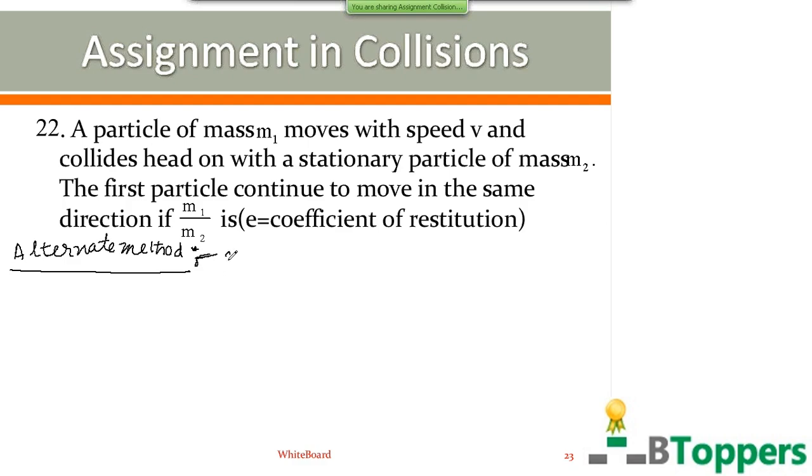So using the first equation, m1 v1 plus m2 v2 equal to m1 u1 plus m2 u2. Here the second particle is initially at rest, so u2 can be taken as 0. So the second term on the right side of the equation will vanish.